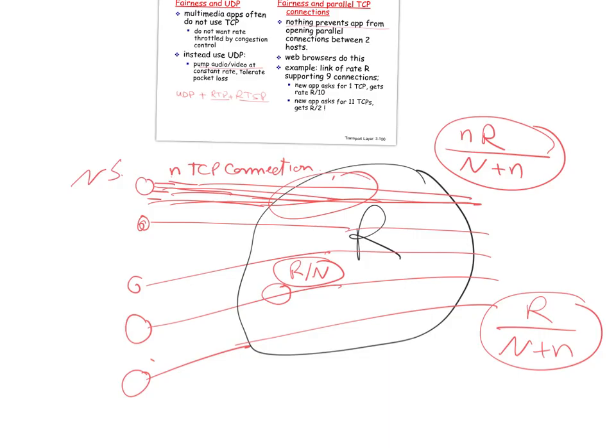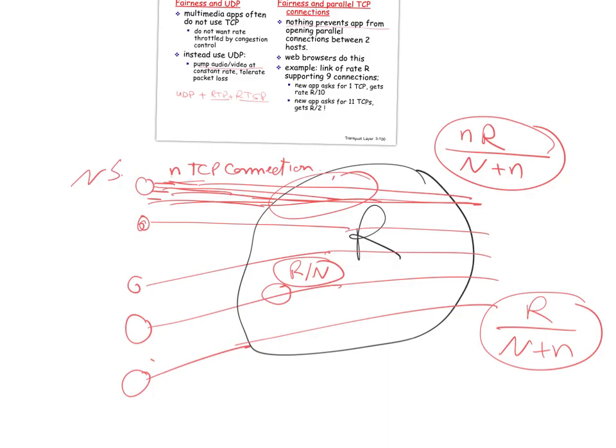Yes, but TCP will achieve fairness per connection. That's the key. It will deal with these connections as independent connections regardless of which application they are coming from. So at the end, it's a fair protocol, but the only problem is that it is per connection.